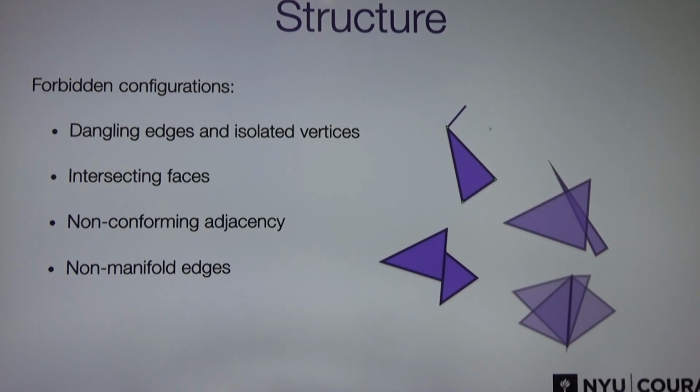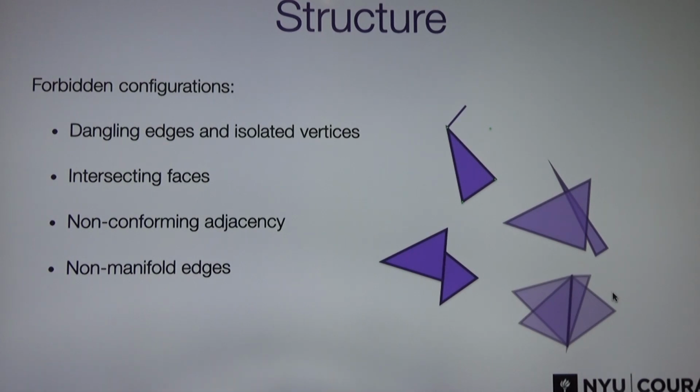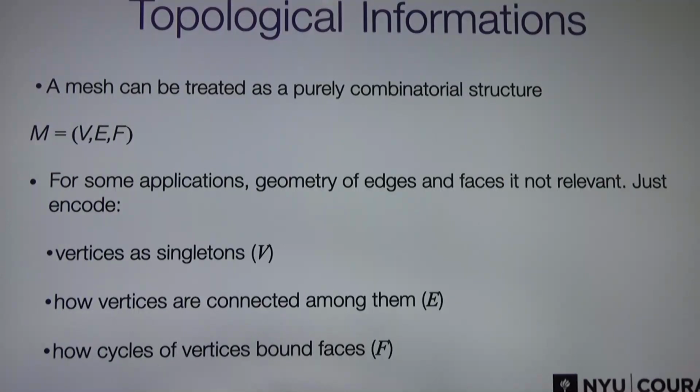A manifold mesh means that you can only have exactly two faces that share the same edge. So in this example here, 4 faces share the same edge. This makes it a non-manifold mesh, and that's a forbidden mesh in our interpretation. So we're not going to work with such meshes.